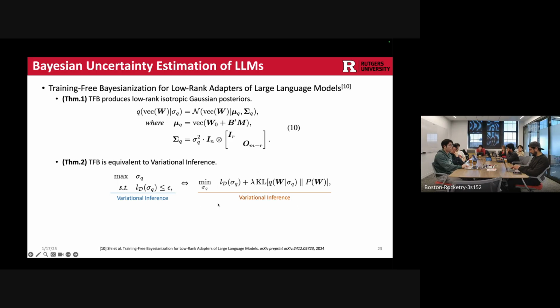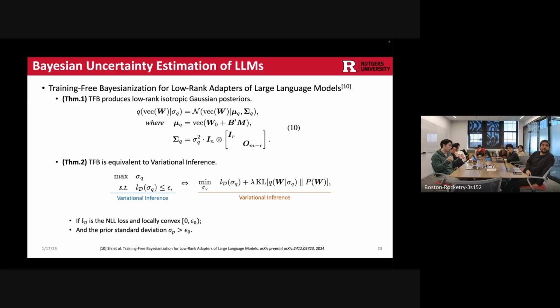But with our training-free Bayesianization with this maximal variance search, you actually have a hard constraint optimization problem. If this L is a negative log likelihood loss, and if this NLL loss is locally convex within a certain threshold, and at the same time you set the prior standard deviation to be larger than this threshold, this equivalence holds.